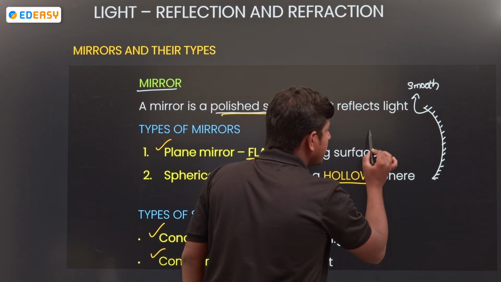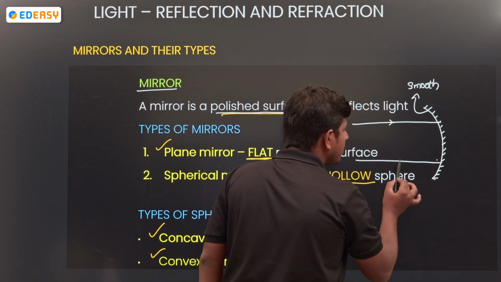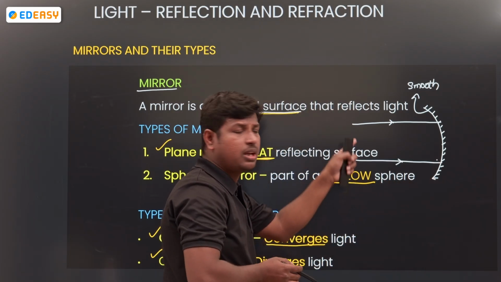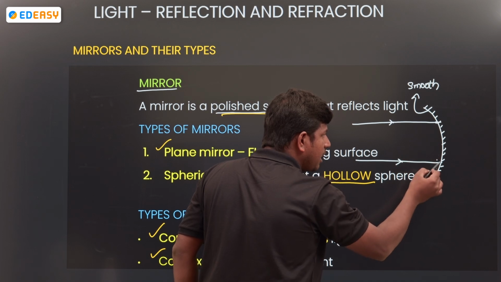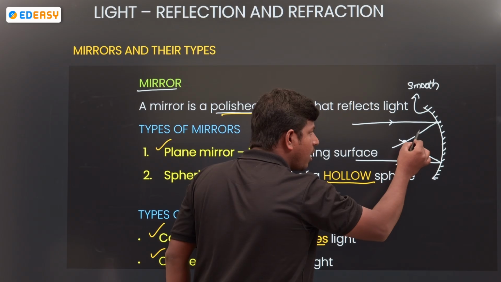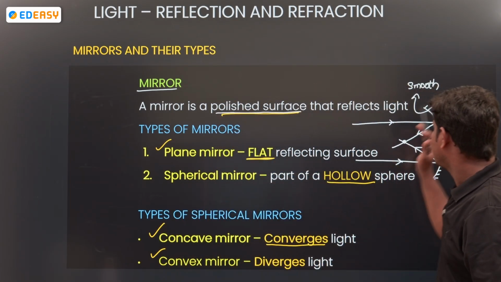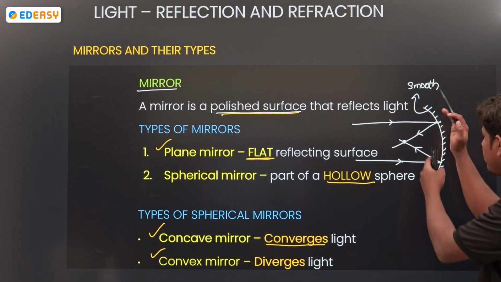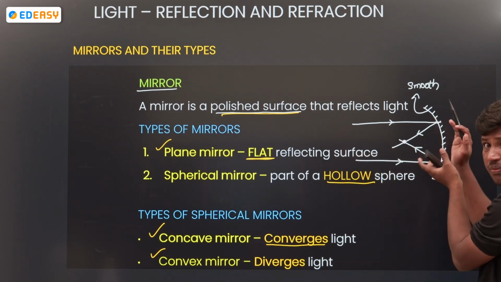If I take a number of light rays, how will it be? After striking the point, they will meet, right? See, this is the light ray, this is the mirror. Light rays are coming and striking. After reflection, what happened?